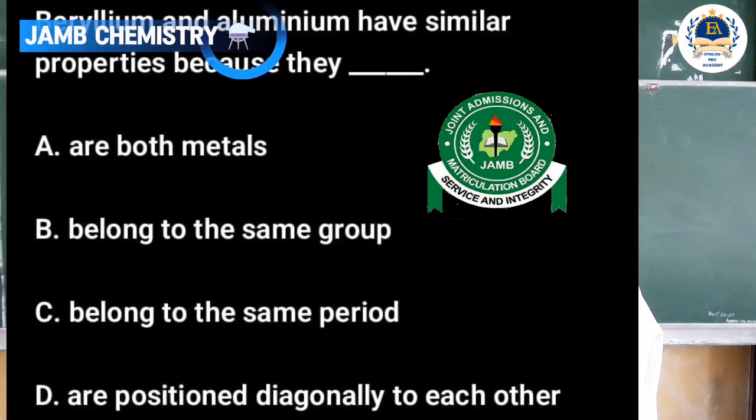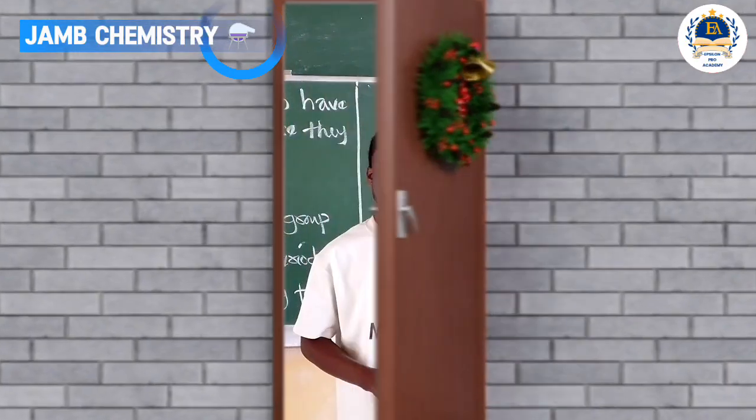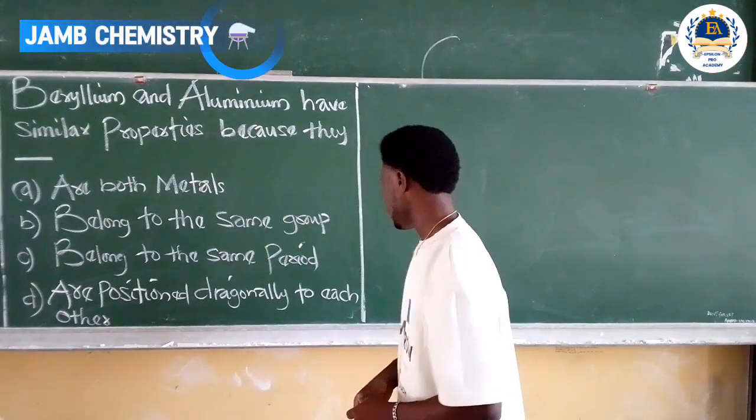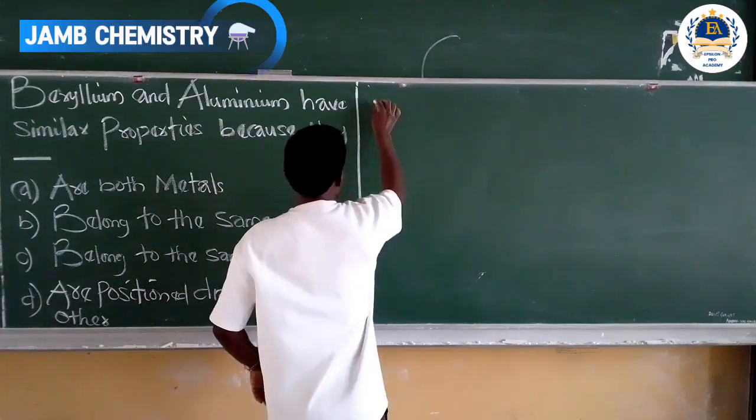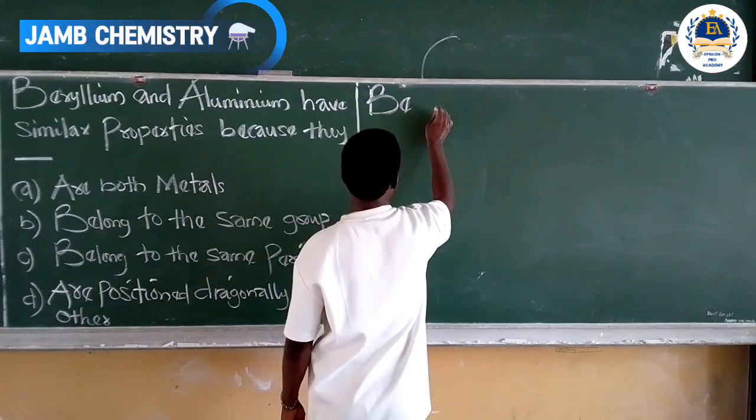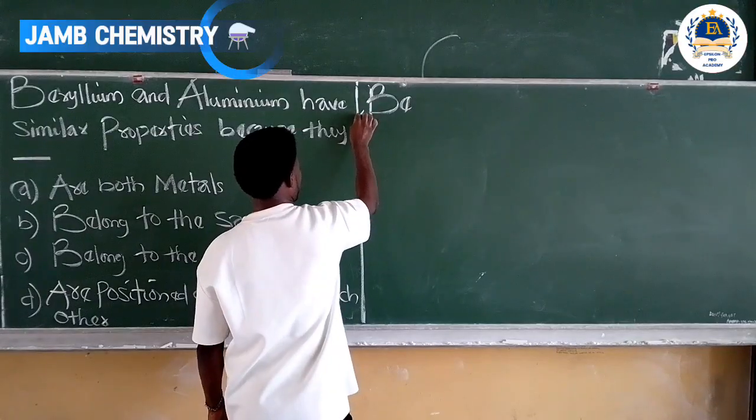Beryllium and aluminium have similar properties because they're dash. So the options are given below. The two elements on the board are beryllium and aluminium. Beryllium, Be, has an atomic number of 4.